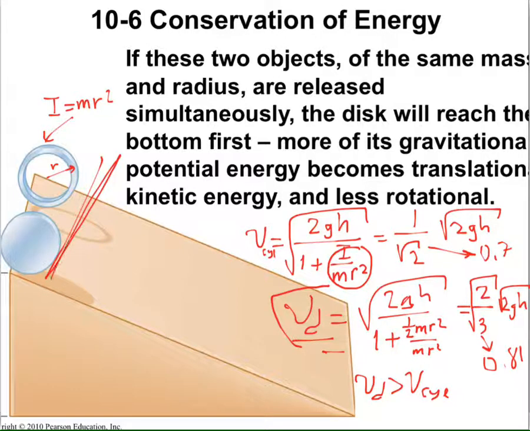Whatever the objects are, the ones which have larger moment of inertia will have smaller speed at the end, because more of the kinetic energy goes to rotation than translation. This is a general conclusion, but remember, their radius must be the same and their masses must also be the same.